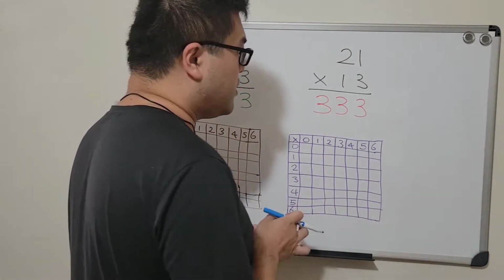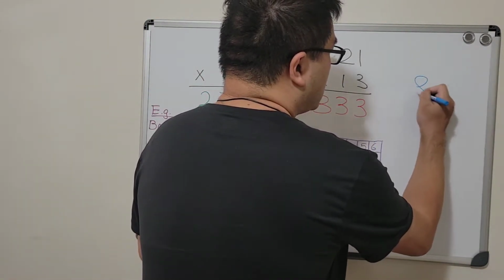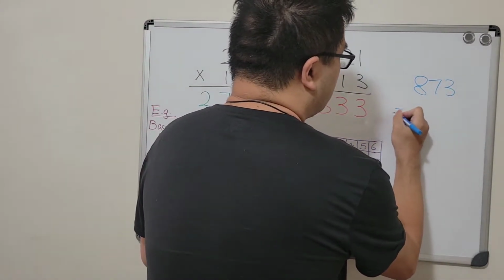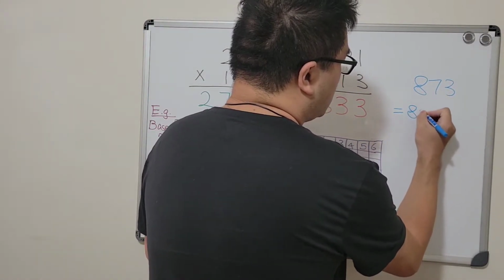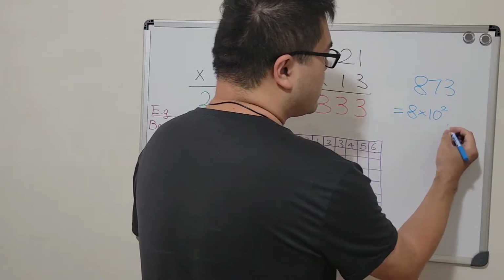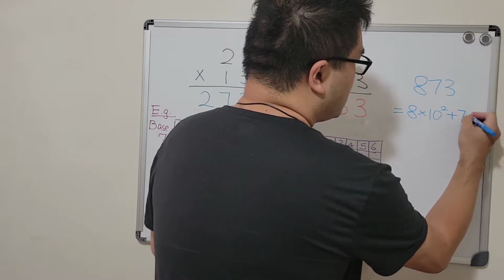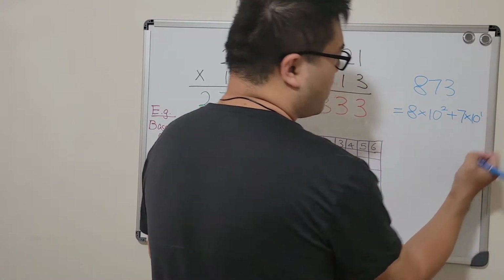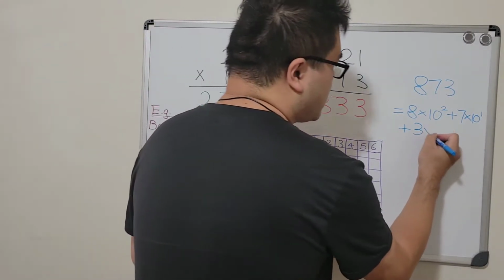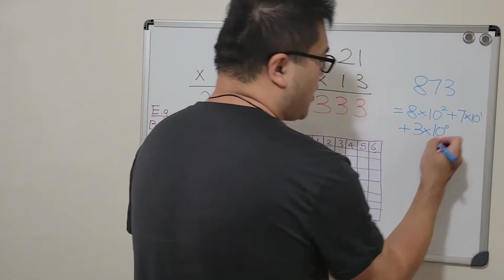In this system, this number here, 873, means 8 times 100, or 10 to the second power, plus 7 times 10, which is 10 to the first power, plus 3, which is 3 times 10 to the 0th power.